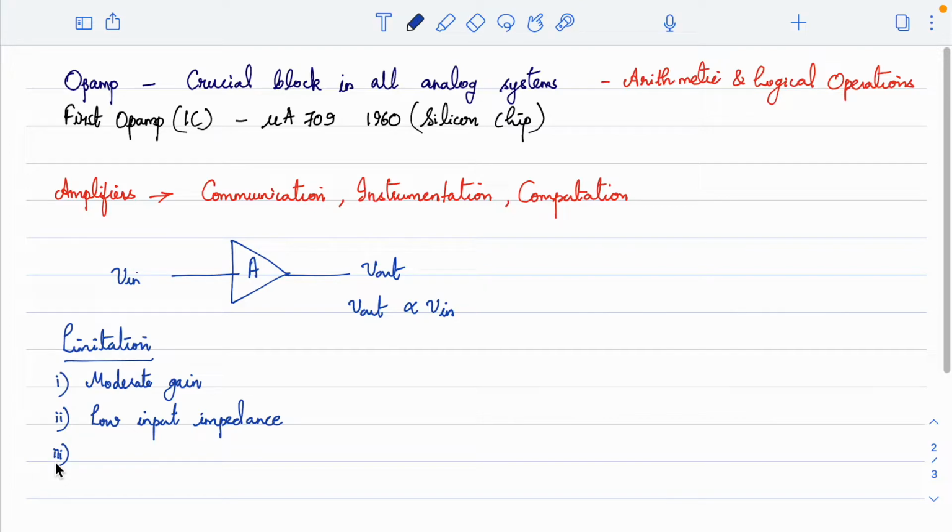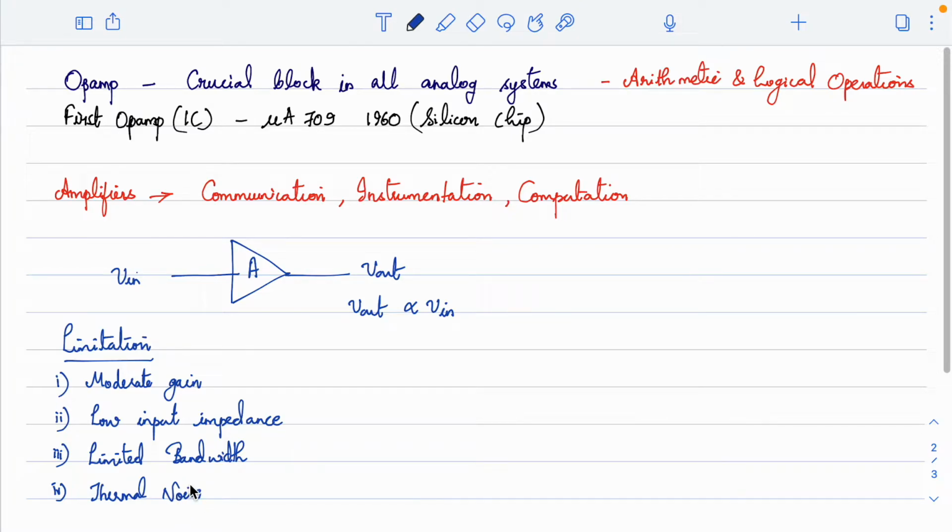So you can think about any discrete circuit, but it again varies with respect to the circuit we use, right? If it is a MOSFET based common source amplifier, input impedance is pretty high, but not the case with all the configurations. Then the other thing is the bandwidth, limited bandwidth. That is one of the other limitations. And the last one is the noise, or we generally call it thermal noise.